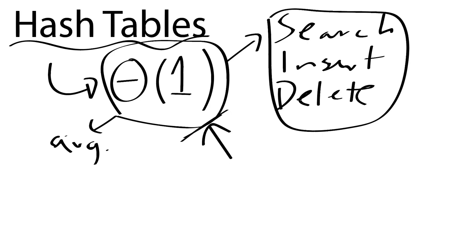But if we want something more than that, like say we wanted to find a successor or a predecessor, then hash tables give us nothing over BSTs, right? BSTs are much more useful in that context. So BSTs aren't completely obsolete now that we've seen hash tables, but they're just more useful for these particular operations.